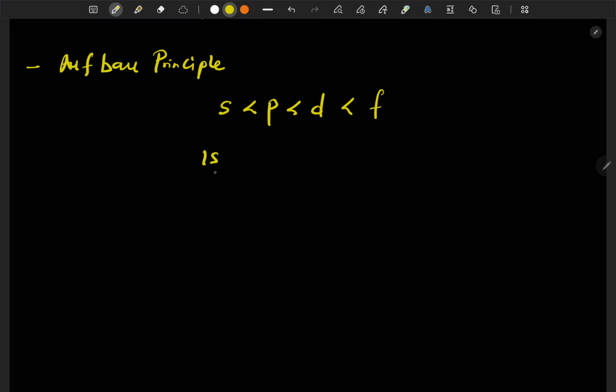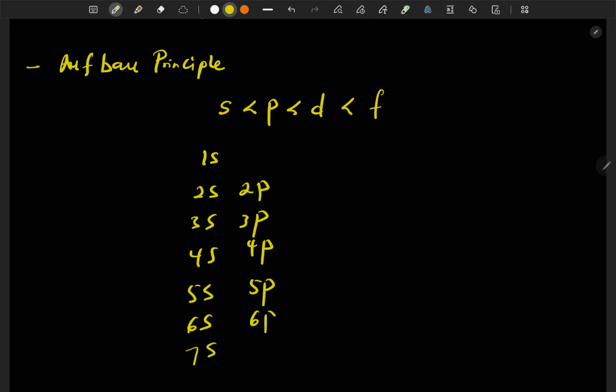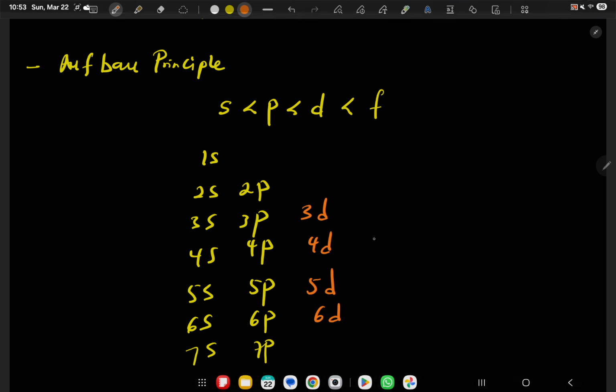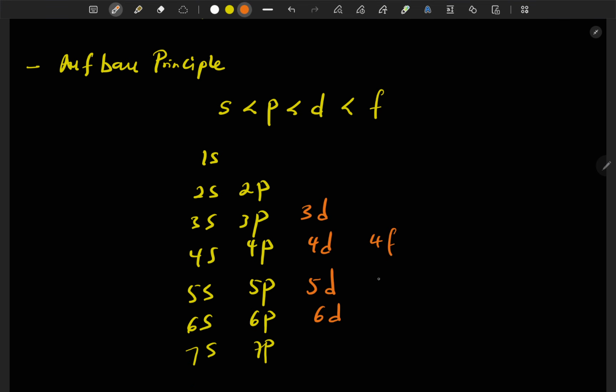So we have 1s, 2s, 3s, 4s, 5s, 6s, 7s, 2p, 3p, 4p, 5p, 6p, 7p, 3d, 4d, 5d, 6d, and we have 4f, 5f.